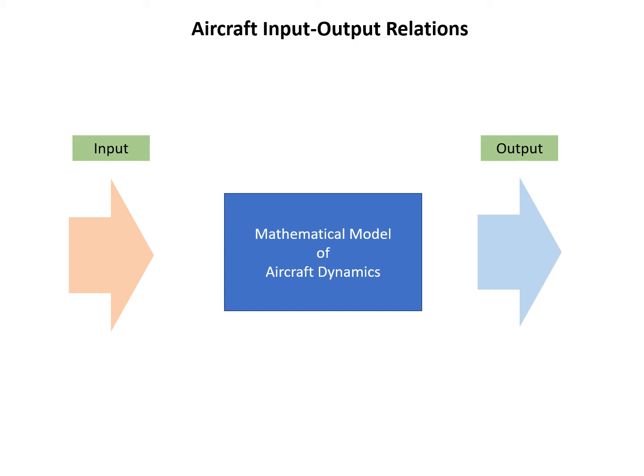Good. On the input side, we can consider the aileron deflection, elevator deflection, and rudder deflection, something like those. Also, since it's an aircraft, there's the throttle, and we also need to take that into consideration. On the right-hand side are the parameters we're interested in, like the vertical speed, longitudinal speed, and angular rate.